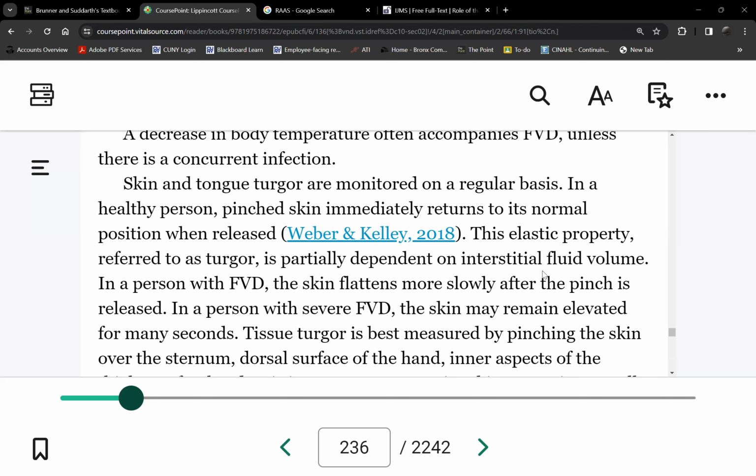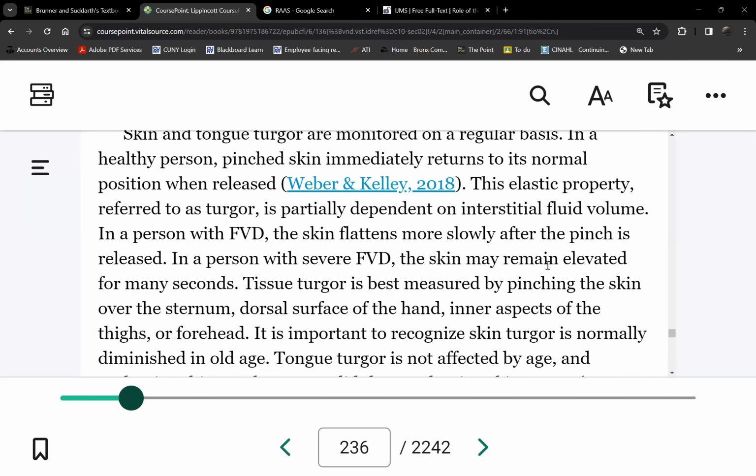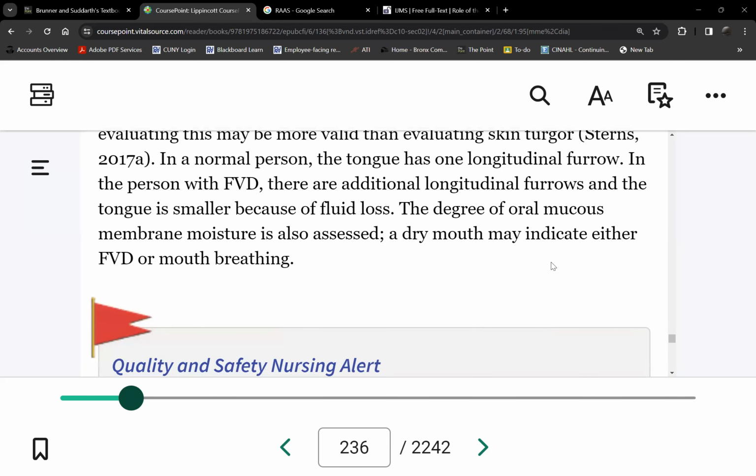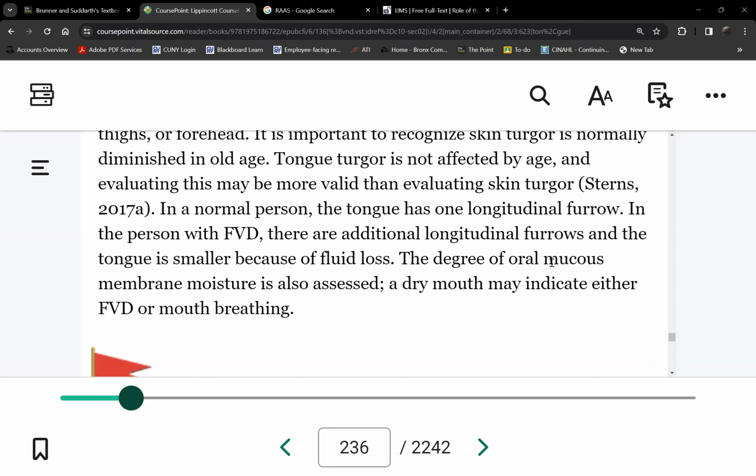So it's the least reliable indicator, except in a younger patient, as already mentioned. Of course, others are the mucous membrane, which is close to the skin, so it's also not very reliable. So we maintain with the weight, laboratory, and vital signs.